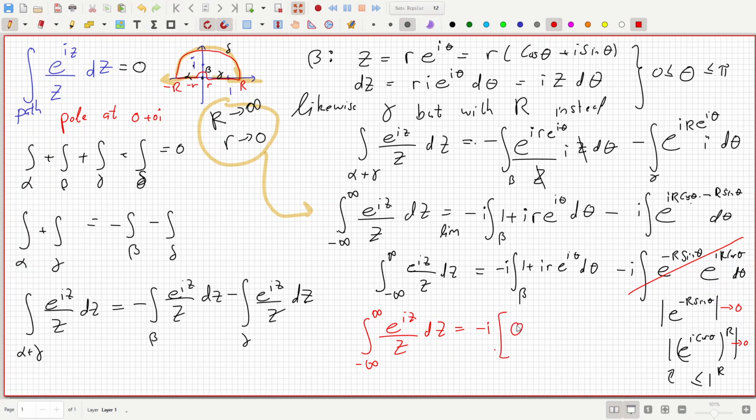So that would be theta plus, and then integrating this, we'll have to divide by the i, so that would be r e to the i theta, 0 to pi. Okay. And again, that r gets pushed out to 0, so you're just going to get here minus i pi. Okay, that's great. We're nearly finished.